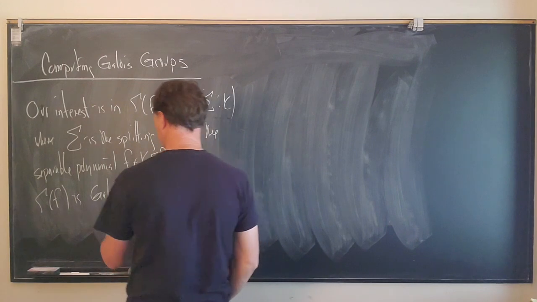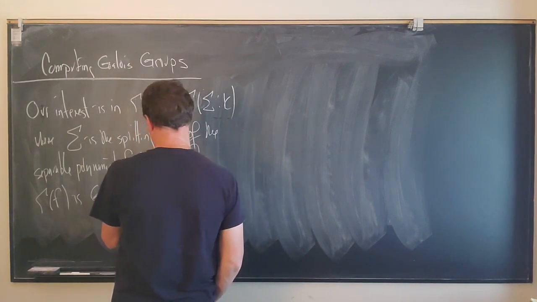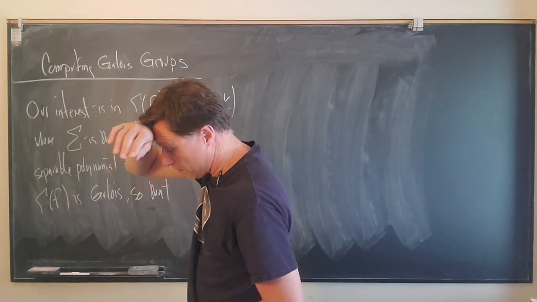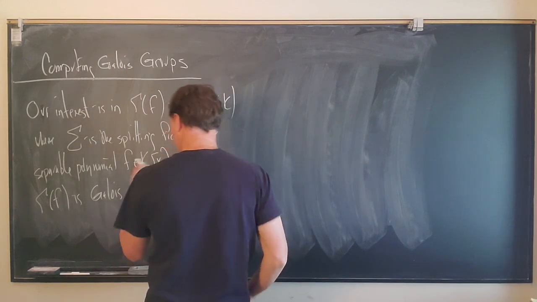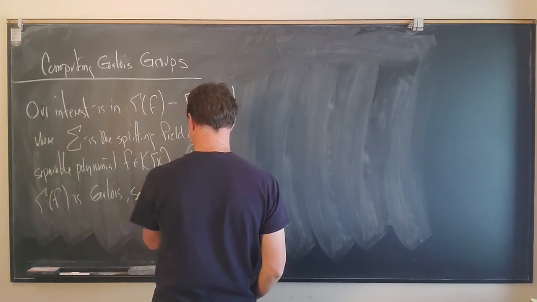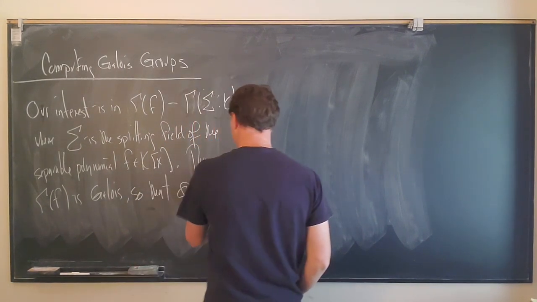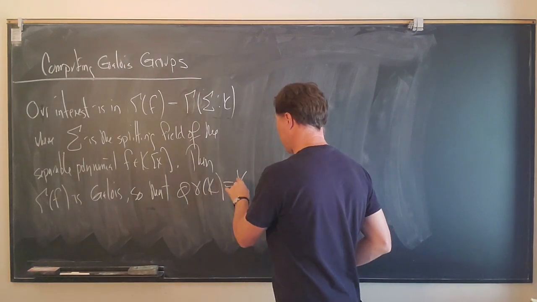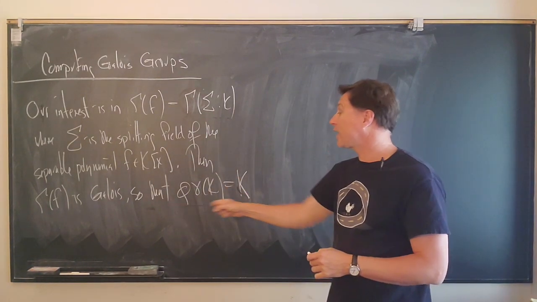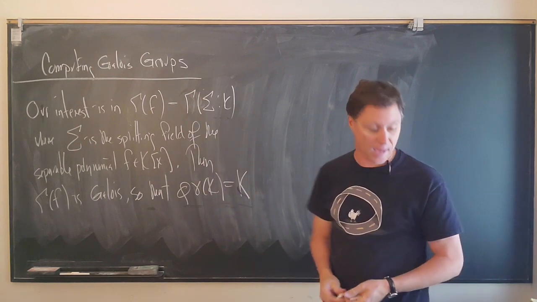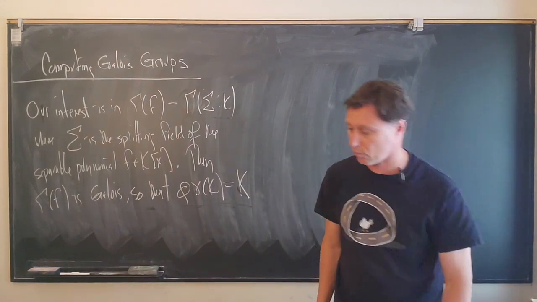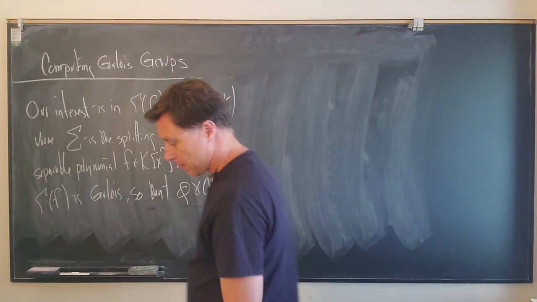And the reason is that if we look at the fixed field of the Galois group of k, so phi gamma of k, in the case that our extension is Galois, we know that we have equality right here. Phi gamma k is equal to k.